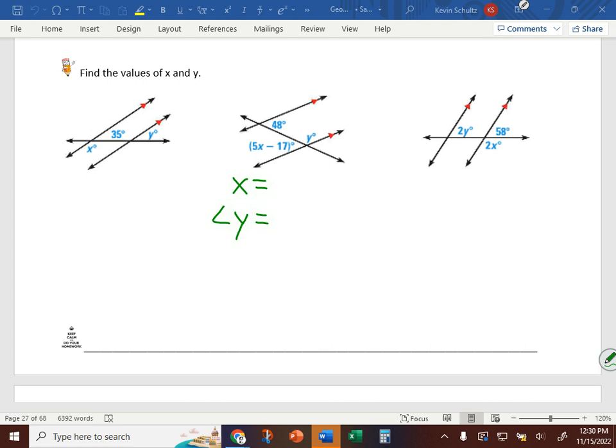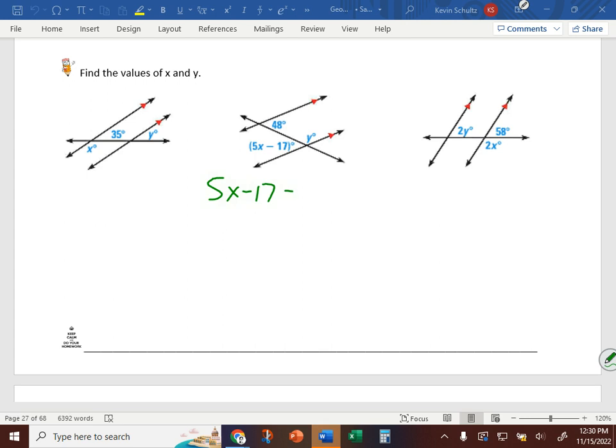Okay, middle one, very well. So you've got x and y here. What can we already determine? Catherine, what can we determine? I was just gonna say, you can do 5x minus 17 equals 48. And why are we allowed to do that?